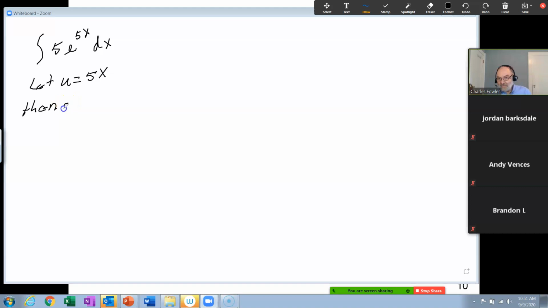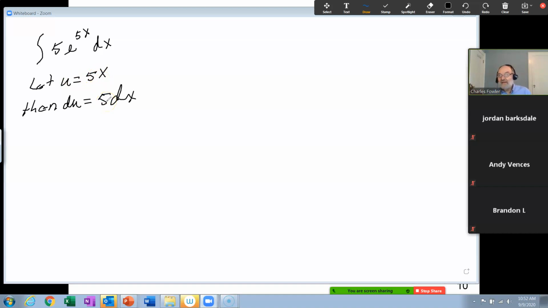And the then is always the derivative of that u. And what's the derivative of 5x? Anybody? 5 something else. You have a d on this side, you have to have a d on this side. 5 dx. Derivative of 5, 5 is just a constant, pull it out. Derivative of x is dx.